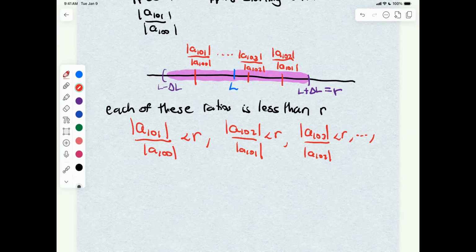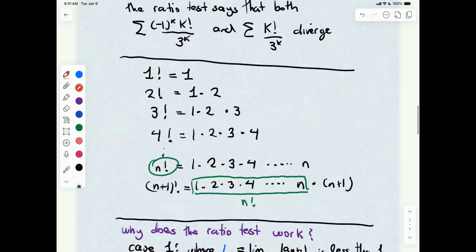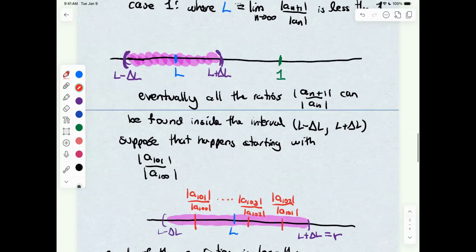All that I'm saying is that because the limit is less than one, there is some space in between those two numbers, right? So you create a kind of safe zone between them.